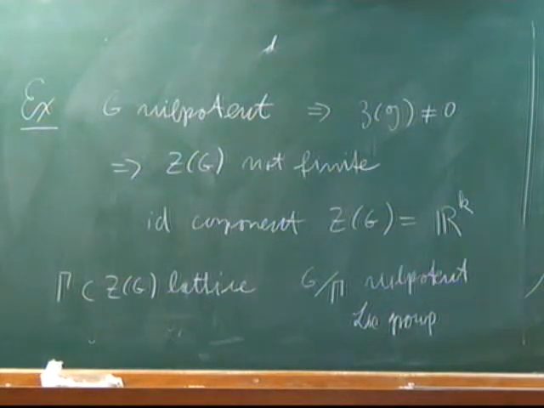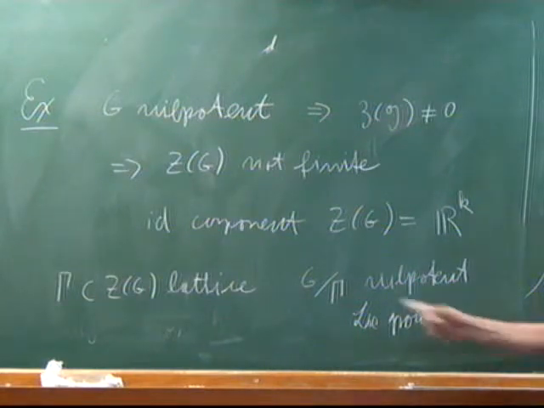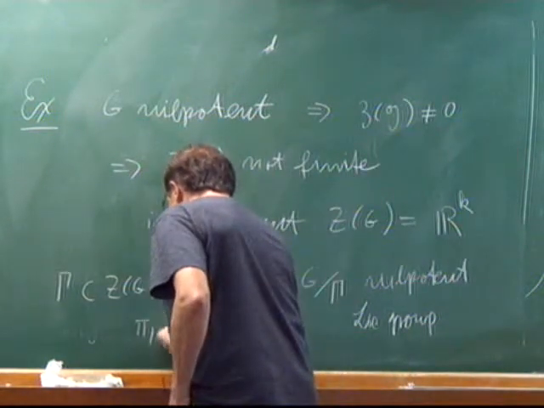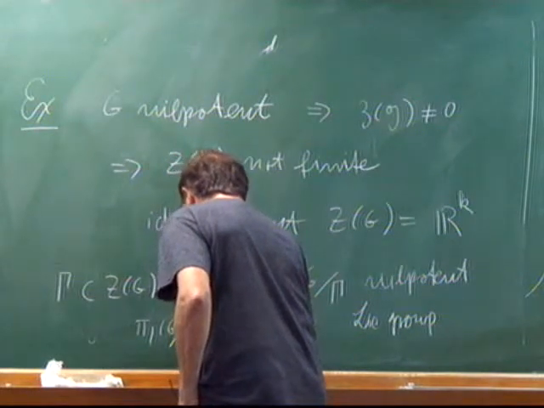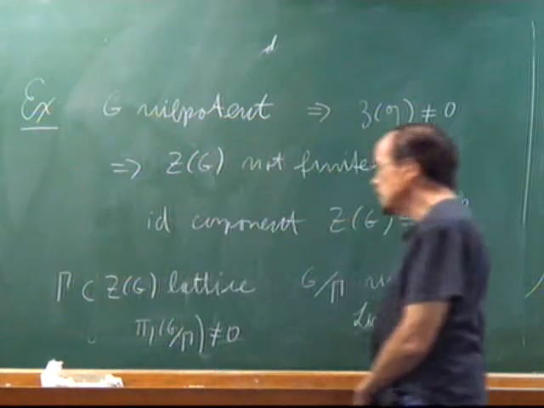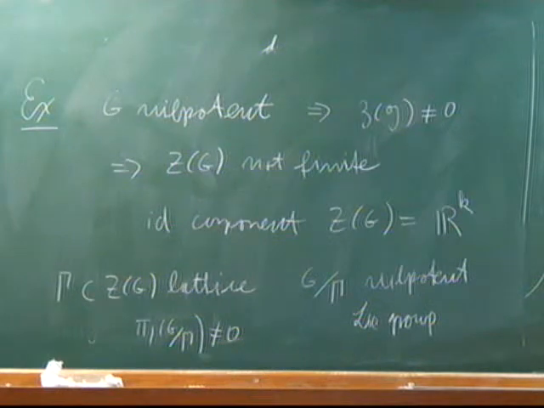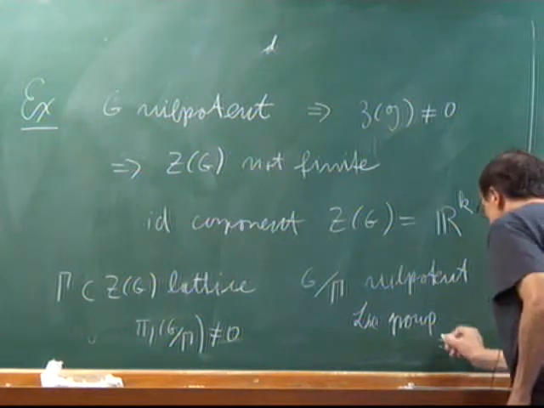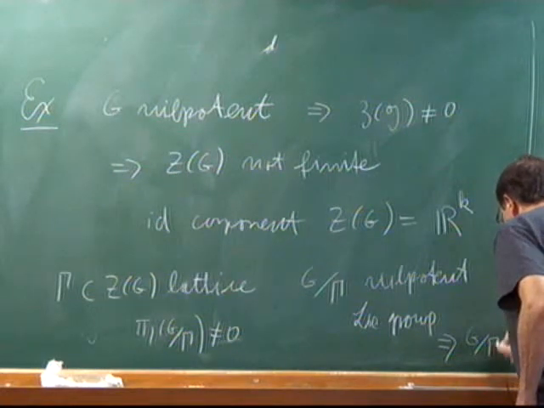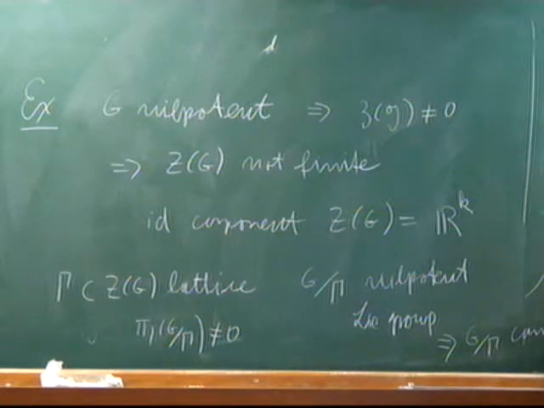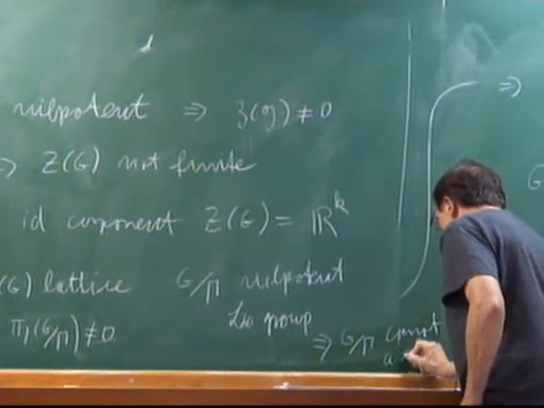Certainly it has the same Lie algebra because gamma is discrete. The Lie algebra is nilpotent, that's another nilpotent Lie group. But of course, the fundamental group of this Lie group is non-zero. If G is simply connected, then it's equal to gamma. So that means such a G mod gamma cannot be a matrix Lie group.